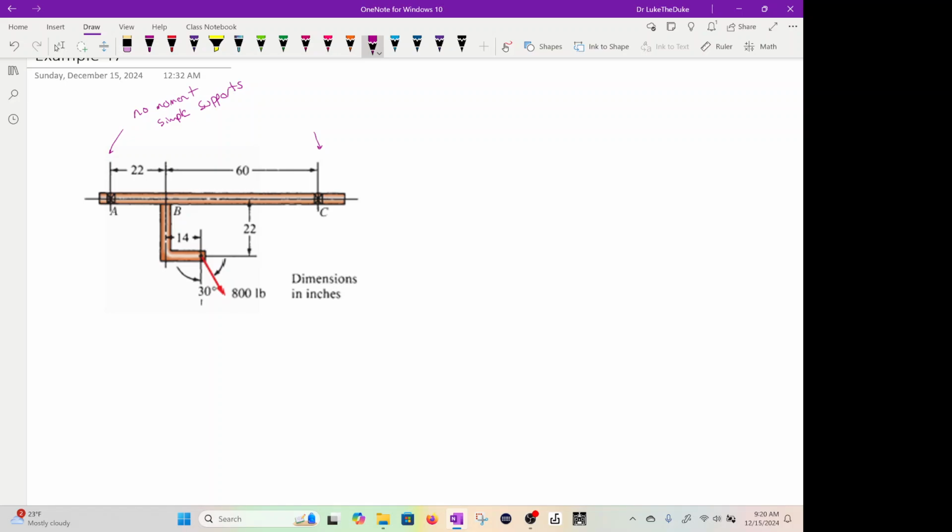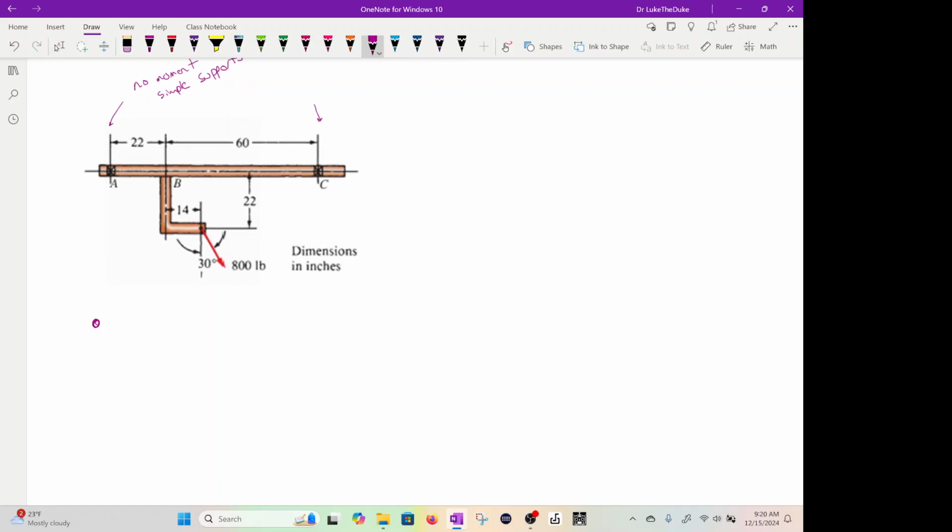So what I like to do is go ahead and redraw this between those two points, A and C. Draw this down. This is B. And let's break this 800 up into components. So you'd have 800 times sine of 30, which should be 400, because sine of 30 is 0.5.